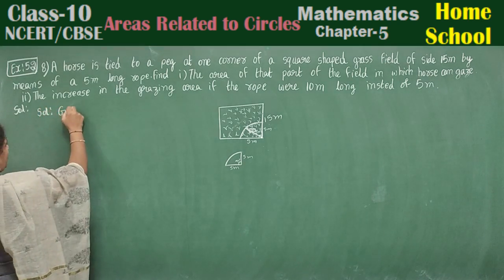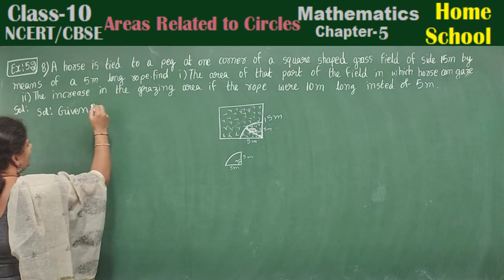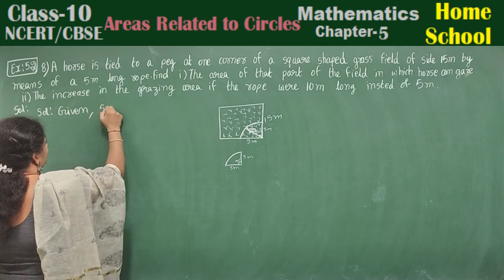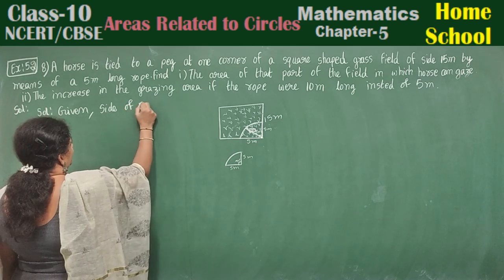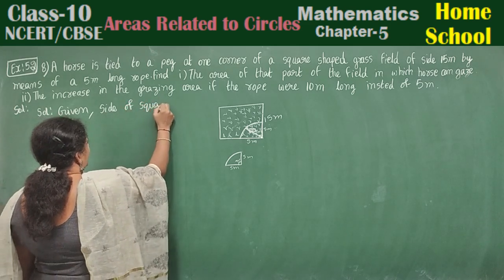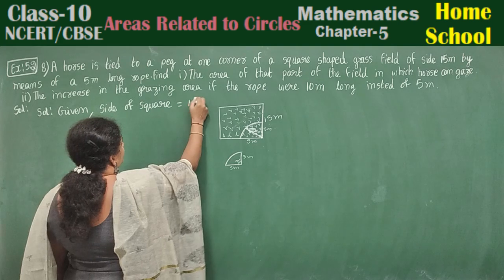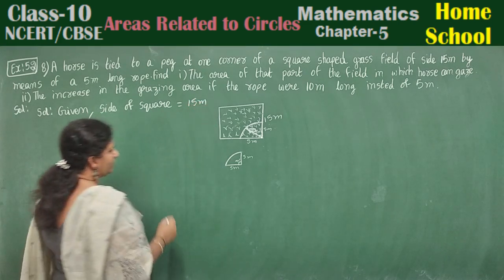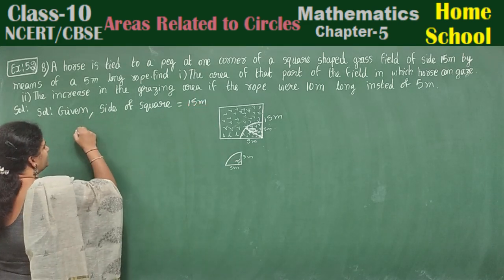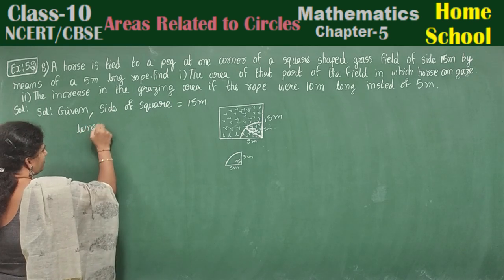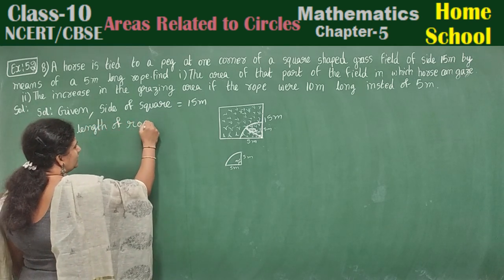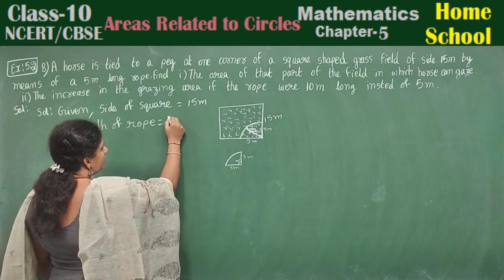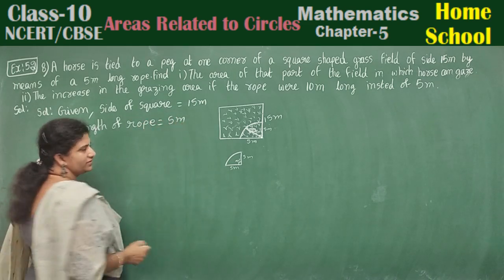Solution. Given side of a square is equal to 15 meters. Okay, and length of rope is equal to 5 meters.